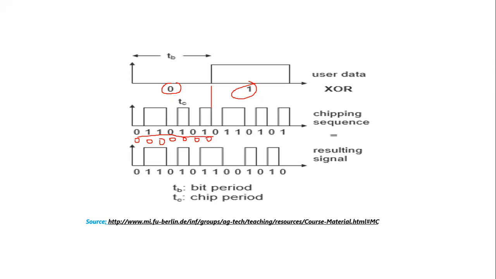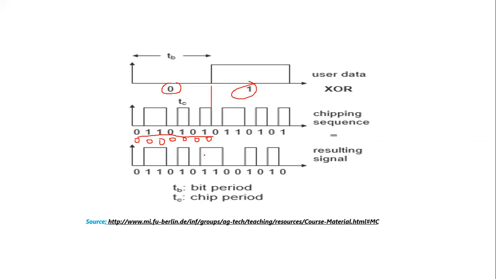XOR creates 1 when the two inputs are different, otherwise 0. So 0 0 is 0, 0 1 is 1, 0 1 is 1, 0 0 is 0, 0 1 is 1, 0 0 is 0, 0 1 is 1. This is the sequence you get for 0.